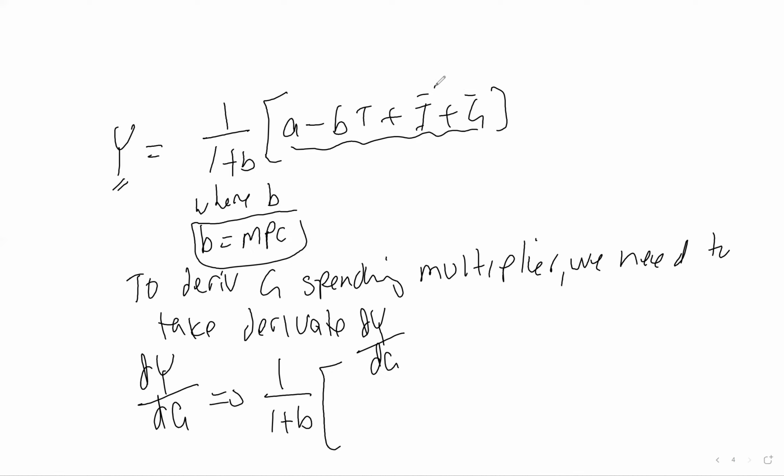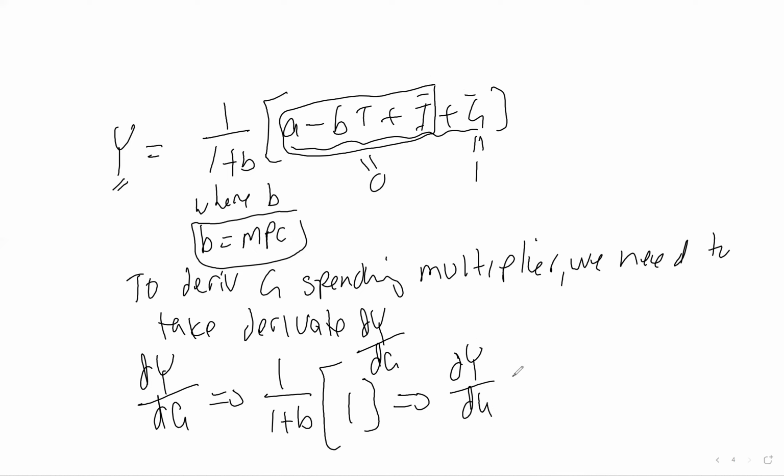So all these three terms have a derivative with respect to G equal to 0. The only place we have a G is this place, and the derivative of Y with respect to G is equal to 1. So we have 1.